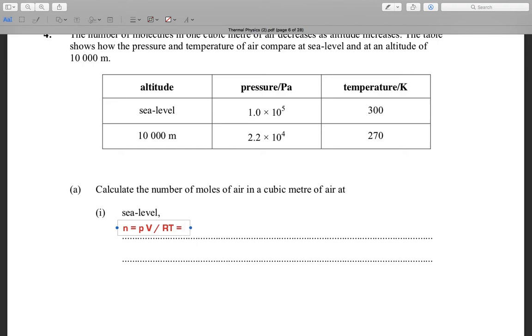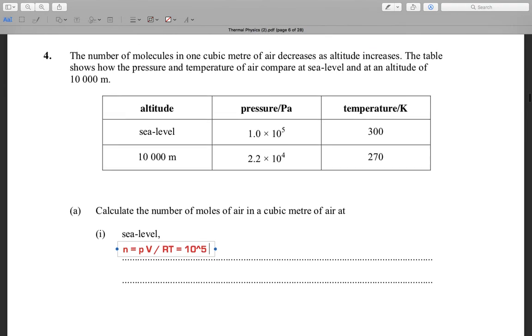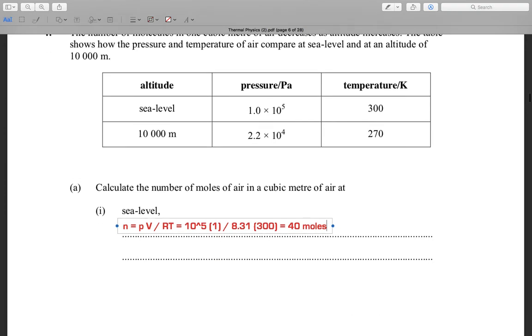P is 1.0 times 10 power 5, volume is 1 meter cubed, divided by 8.31, the gas constant, times 300, the temperature. This is around 40 moles at sea level.